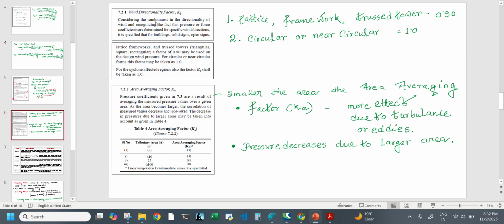Wind directionality factor: considering the randomness of the directionality of the wind, and recognizing the fact that the pressure and force coefficients are determined for specific wind directions. It is specified that for buildings, solid signs, open signs, lattice framework and trussed towers, a factor of Kd is equal to 0.90 for lattice structure and truss structure, triangular, square, rectangular, and 1.0 for circular structure.